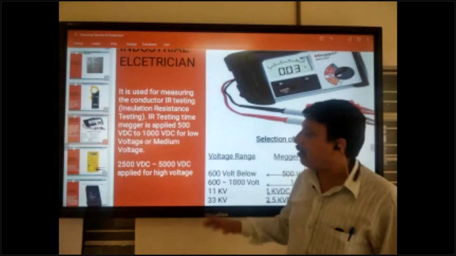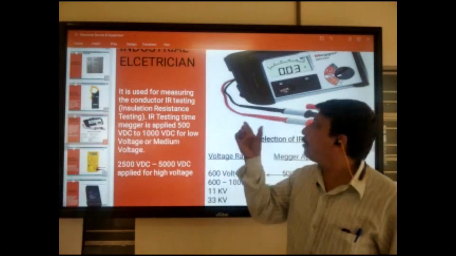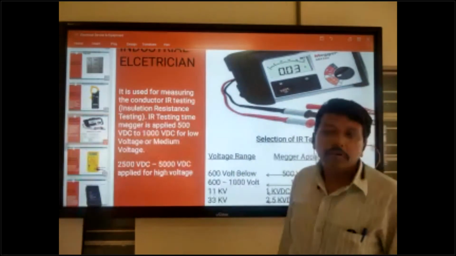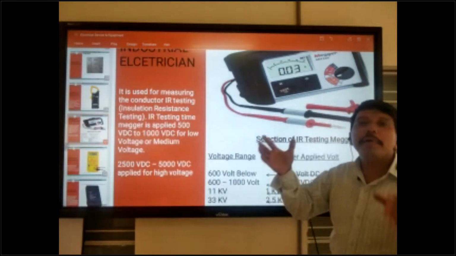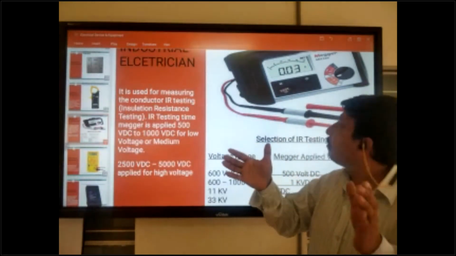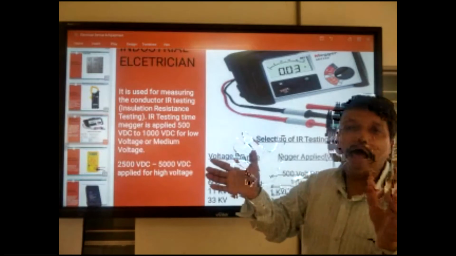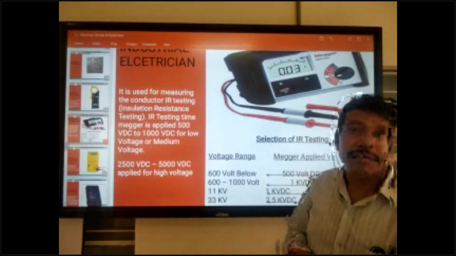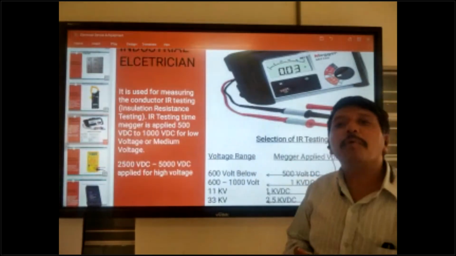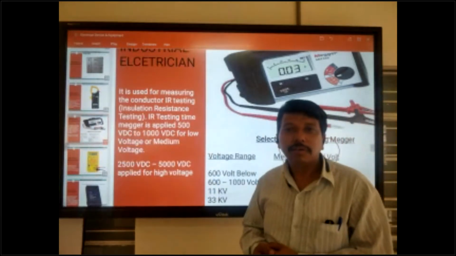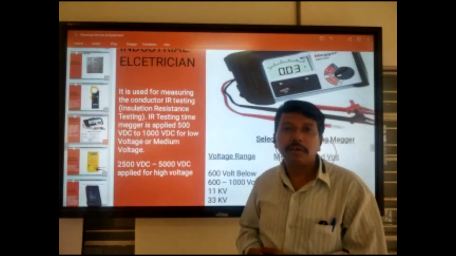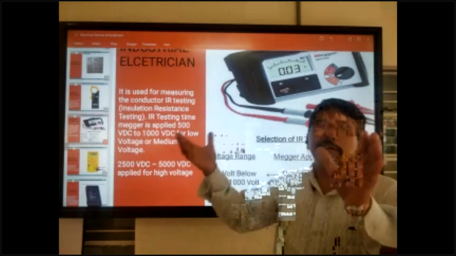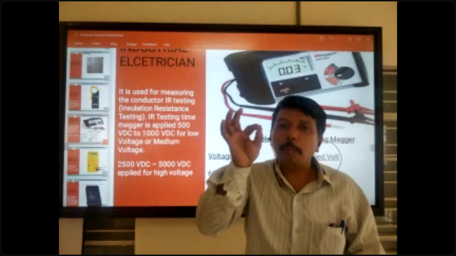Many interviewees fail on the question about the megger. Everyone tells how many volts are applied in testing time with the megger, saying 500 volt to 1000 volt in low voltage, but not telling whether it is AC or DC volt. This is the most important thing.